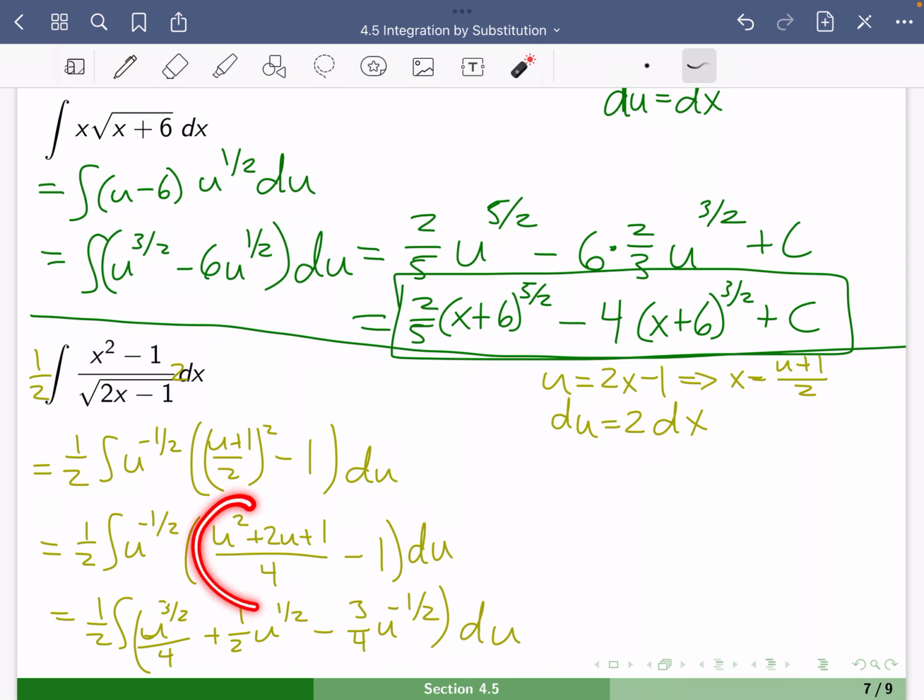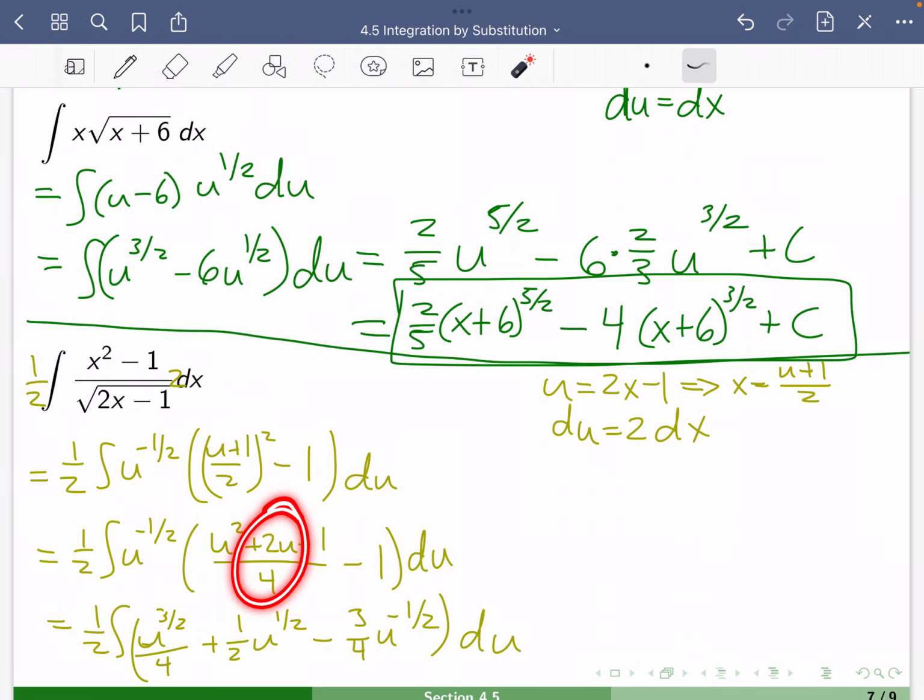So this part becomes u squared over 4 times a u to the negative 1/2 will give us a u to the 3/2 over 4. This piece is 2u over 4, or 1/2 u, times a u to the negative 1/2 gives us u to the positive 1/2 times that 1/2. And here you'll have a 1/4 minus 1 gives us a negative 3/4 times that out in front.